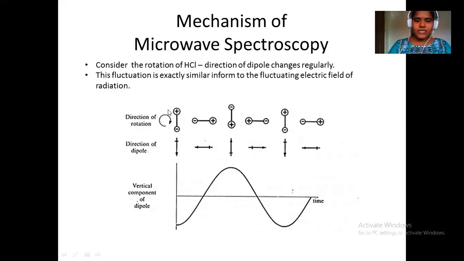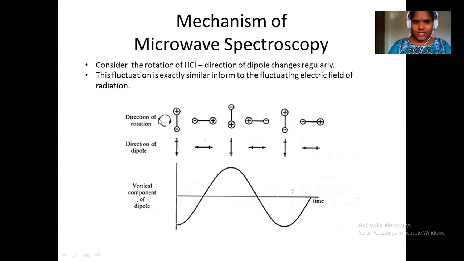I took HCl as an example, where H is represented with a plus symbol and Cl with a minus. And this is about the rotation. Naturally a molecule will have some rotations.